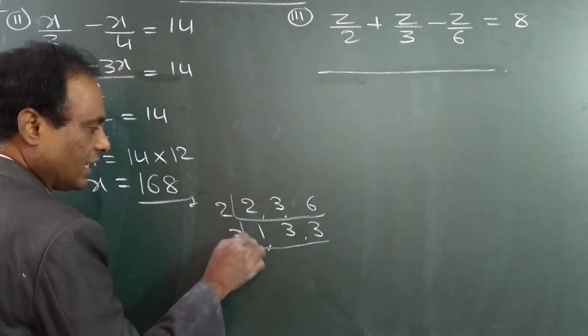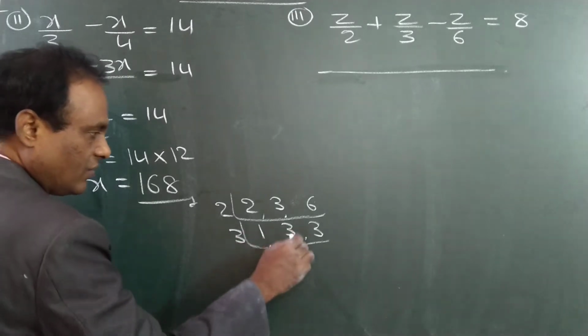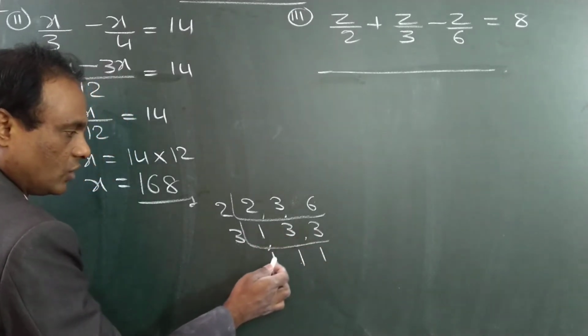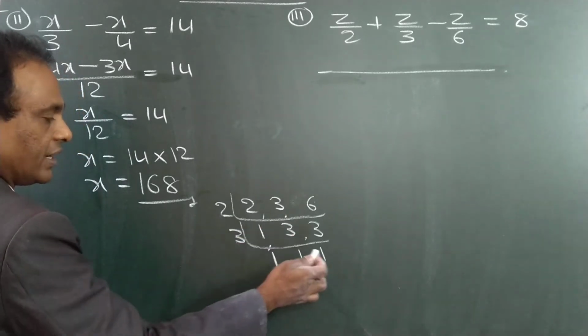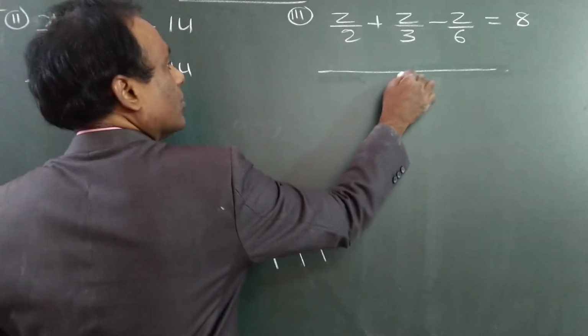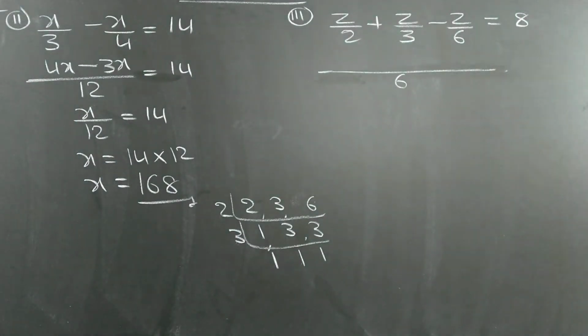Again with 3, because 3 3s, no. 3 ones are 3. 3 2s are 6, that is the LCM. That is the process of taking the LCM. Do it.